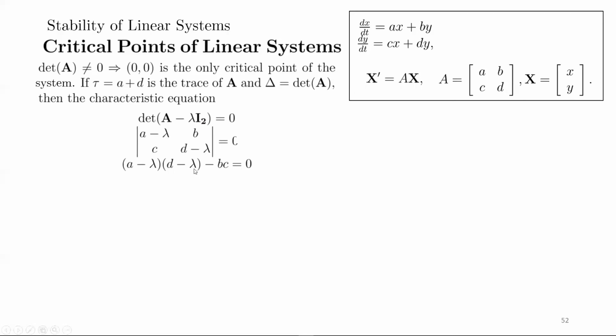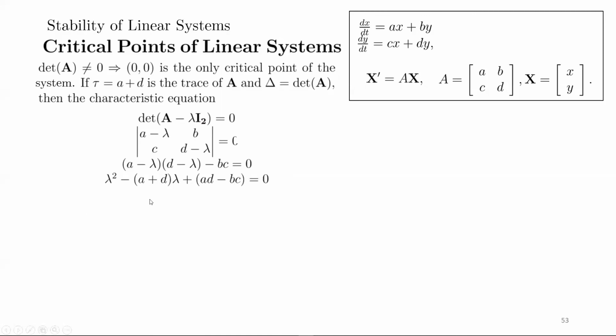I can expand this bracket to make it quadratic in lambda, and so the characteristic equation for this planar linear system is given like so. But notice A plus D is equal to the trace of the matrix, tau, and AD minus BC is equal to the determinant of the matrix, delta.